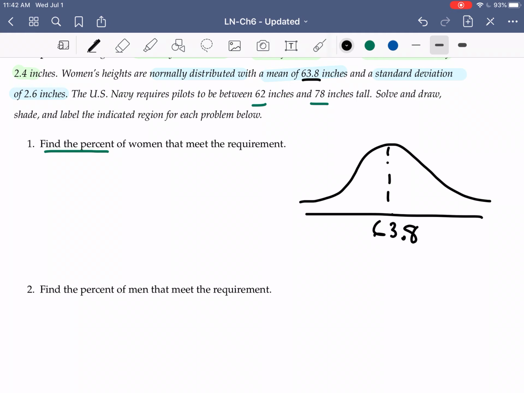So we want to know what percent of women, what's the area under the curve for women with heights between 62 and 78. So from 62, which is somewhere to the left of 63.8, up through 78, we want to know what is that area under the curve. So the way that we're going to do that is we are going to convert 78 to a z-score, and we'll convert 62 to a z-score first.